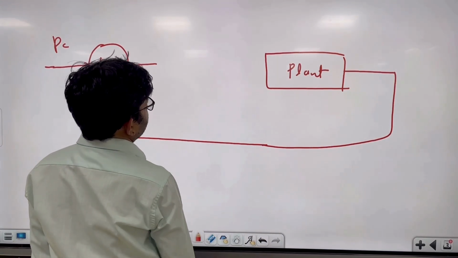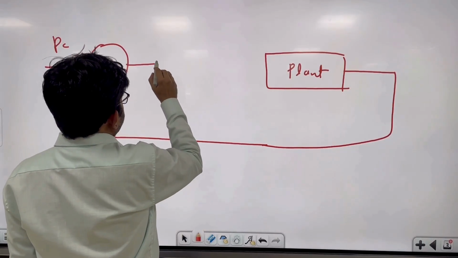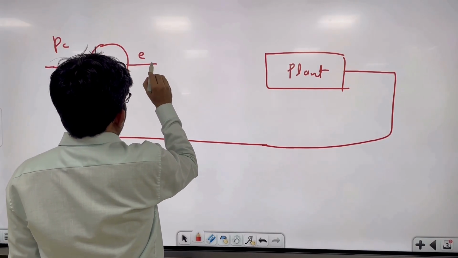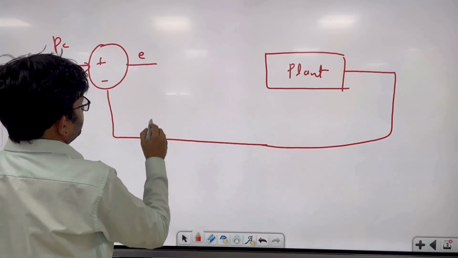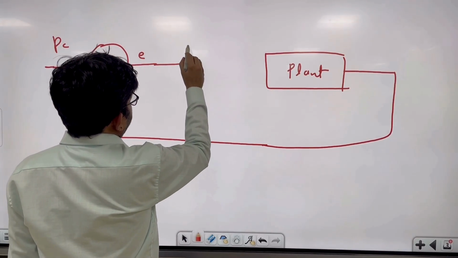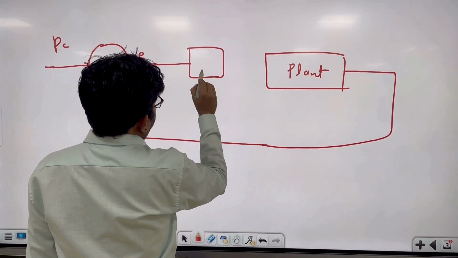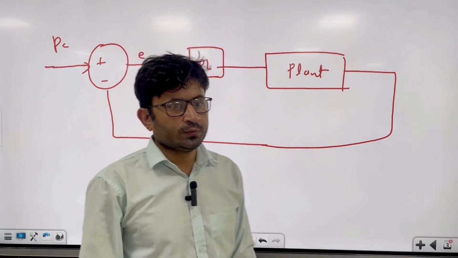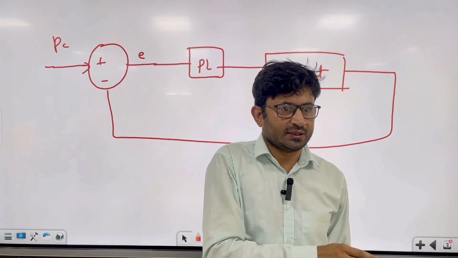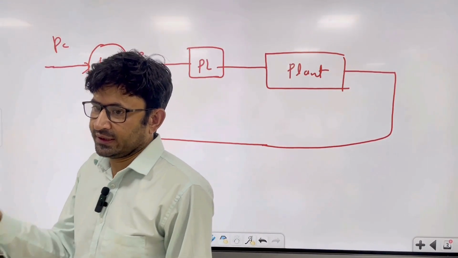This is the error, and you supply it to the physical limits. I explained the physical limits: first the position limit comes, then the rate limits, then the actuator dynamics.